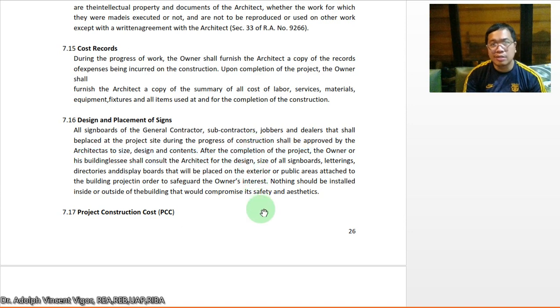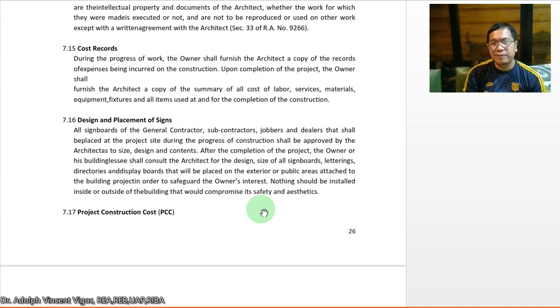Cost records. So during the progress of work, the owner shall furnish the architect a copy of the records of expenses being incurred in the construction. Upon completion of the project, the owner shall furnish the architect a copy of the summary of all costs of labor, services, materials, equipment, fixtures, and all items used for the completion of the construction.